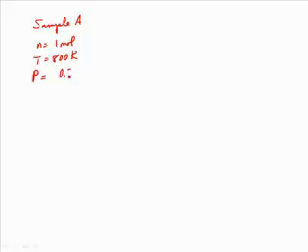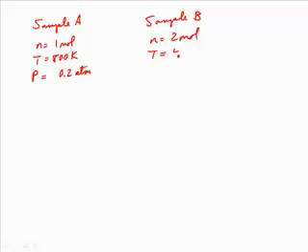All right, so in sample A, 1 mole, temperature 800 K, and pressure of 0.2 atmospheres. In B, 2 moles, temperature is 400 K, and pressure is 0.4 atmospheres. So first A asks about the volume, so let's find the volume.